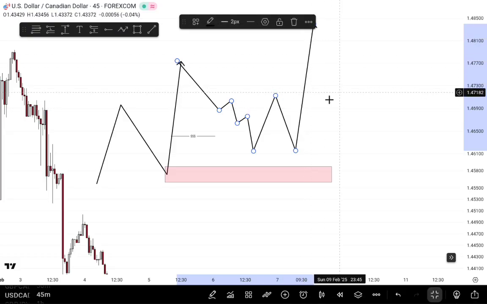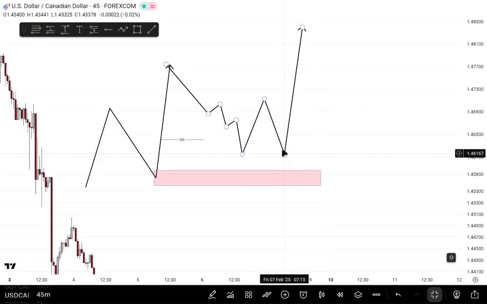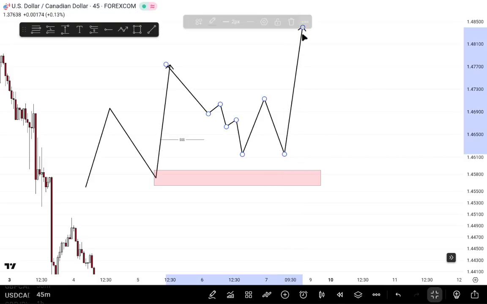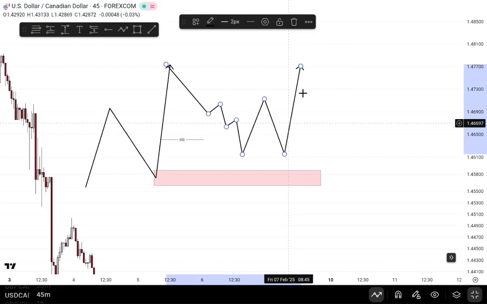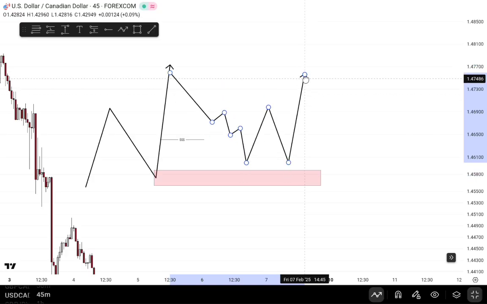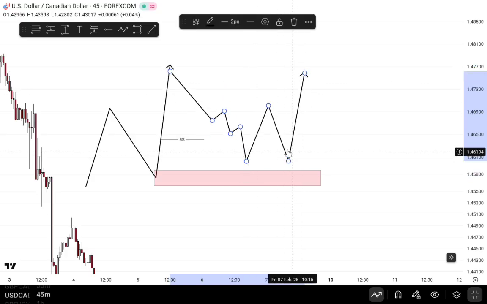All right, so I know price has also presented itself as an inducement at this point, but I also need to be careful at this moment. Now, sometimes price may do this, which is how many touch points, one or two touch points.